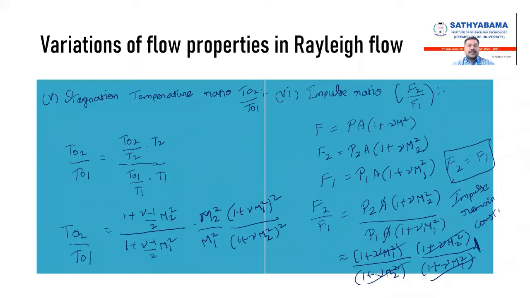Whenever you are applying heat inside a constant area tube, the flow has irreversible acceleration or irreversible deceleration due to the amount of heat added. During that time, when you calculate the impulse at the entry section, the impulse at the exit section is also found equal as per this equation.